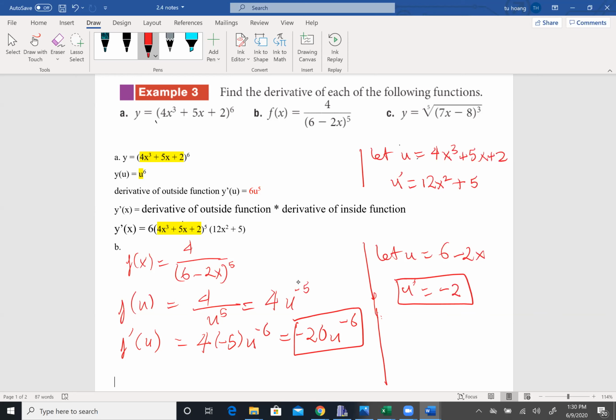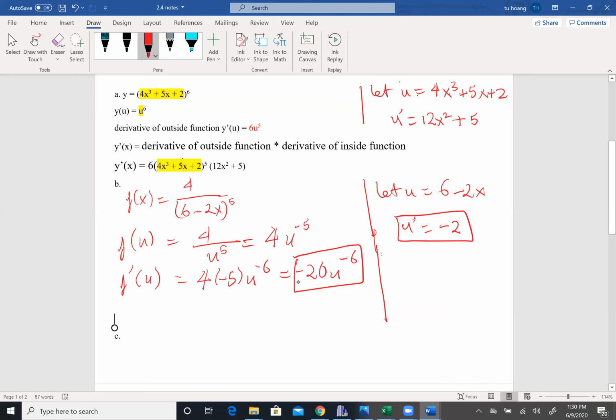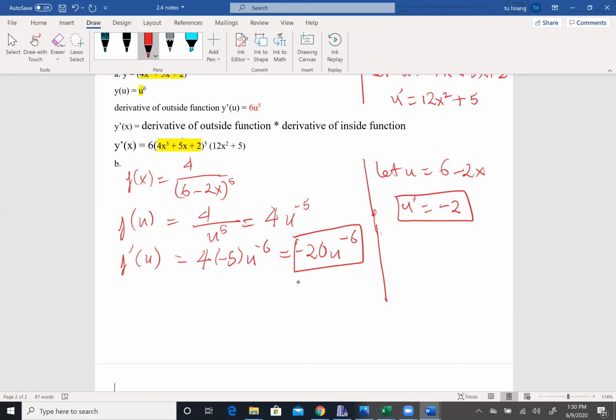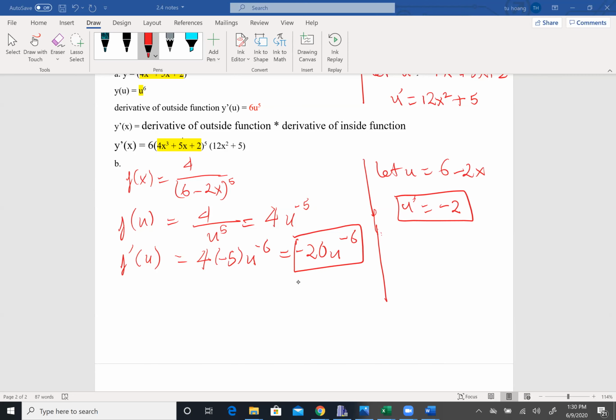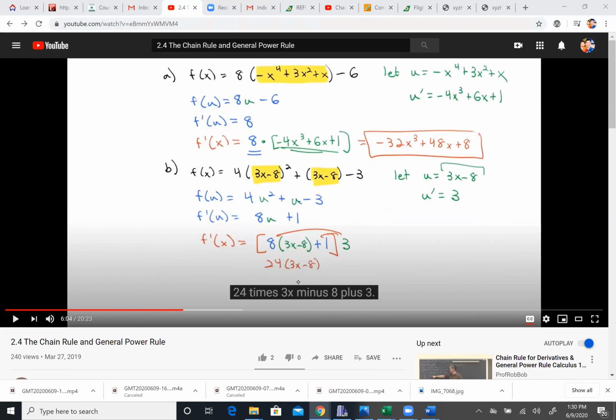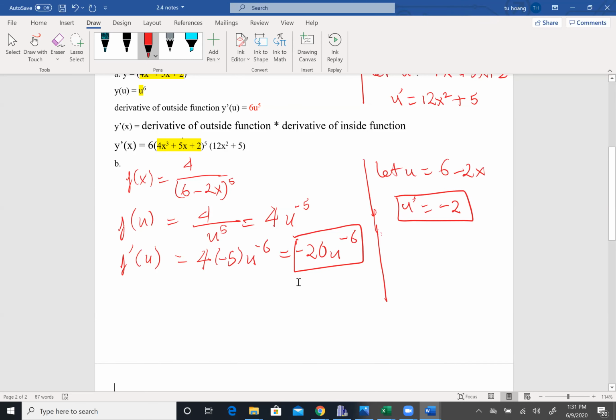Now, since I have the derivative of the outside function already and the derivative of the inside function already, I would like to apply them to f derivative of x.